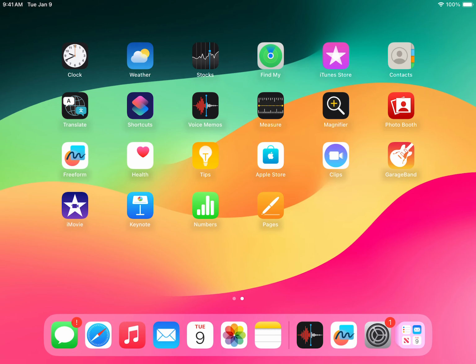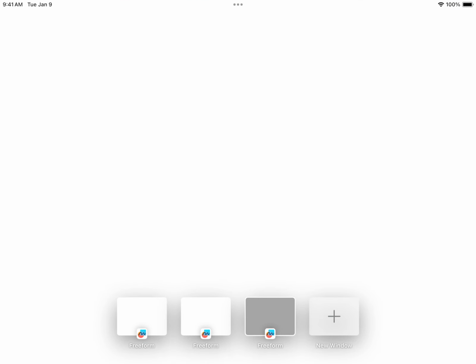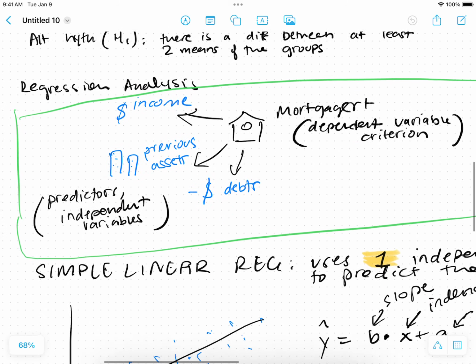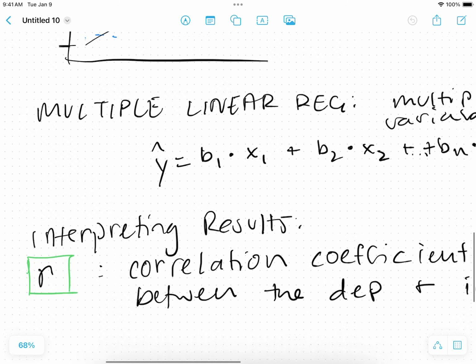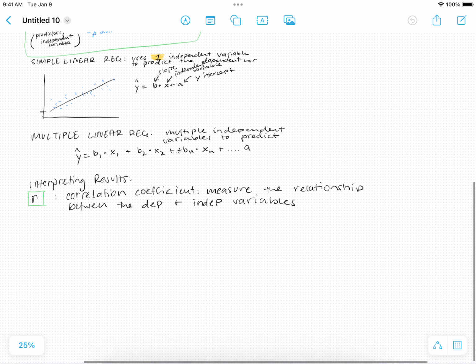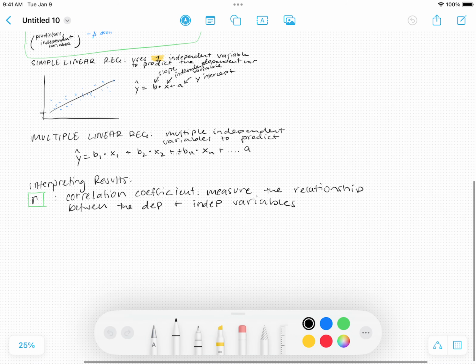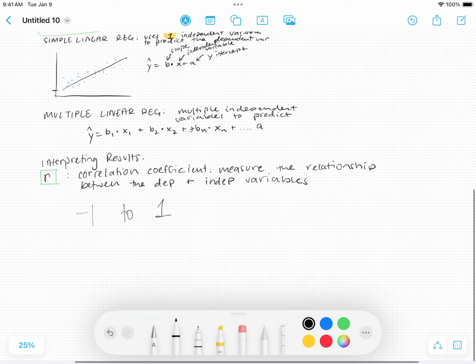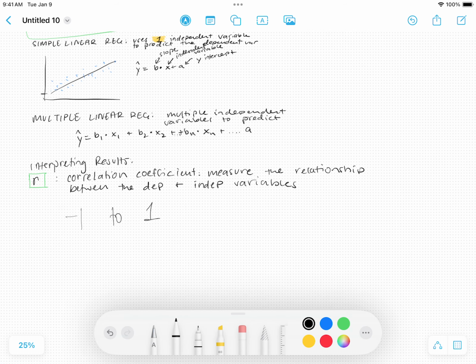Usually this value will be between -1 and 1.